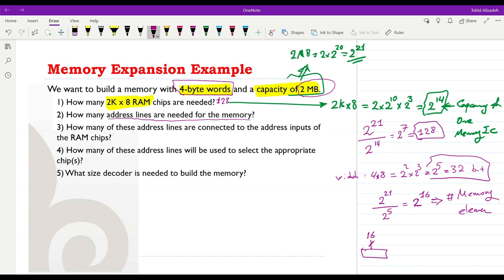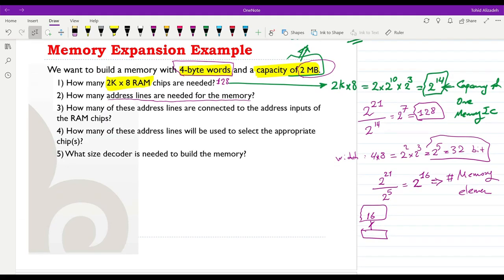Yeah, we need to have 16 address lines. With these 16 address lines, we will be able to reach any of the memory elements that we have in our system. So in total, we will have 16 address lines. And then the next question is about how many of these address lines are connected to the address inputs of the RAM chips.